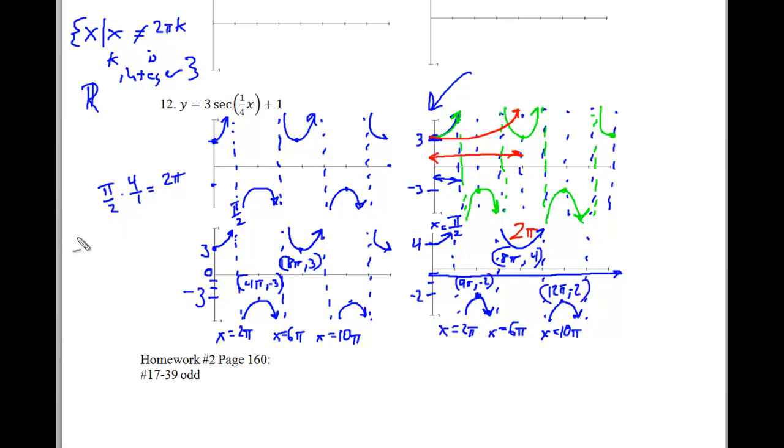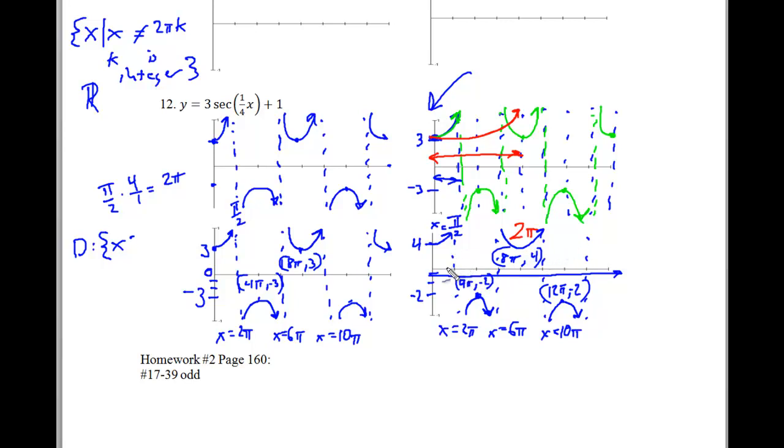All right, domain and range. Didn't forget about it. In this case, it looks like we're going to have our asymptote lines at every single odd... because this is π and this is 3π, this is 5π, this is 7π.